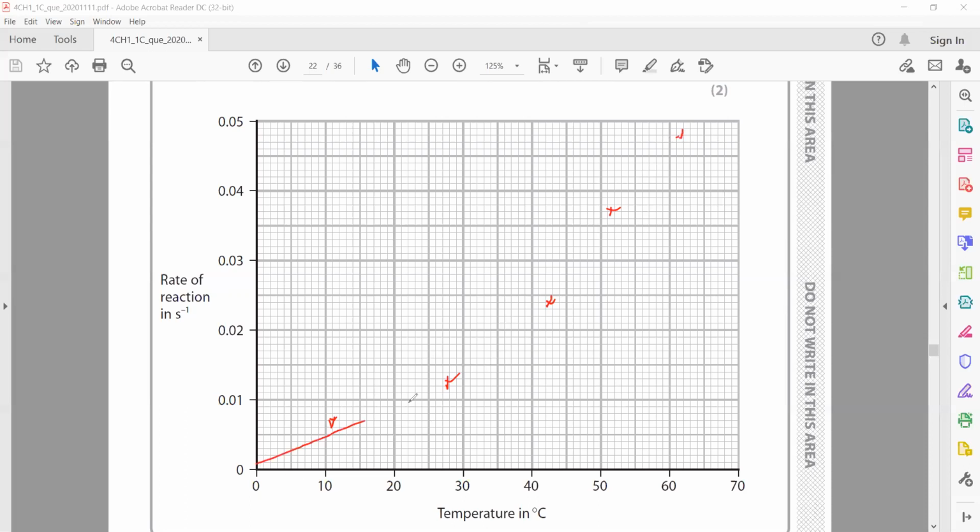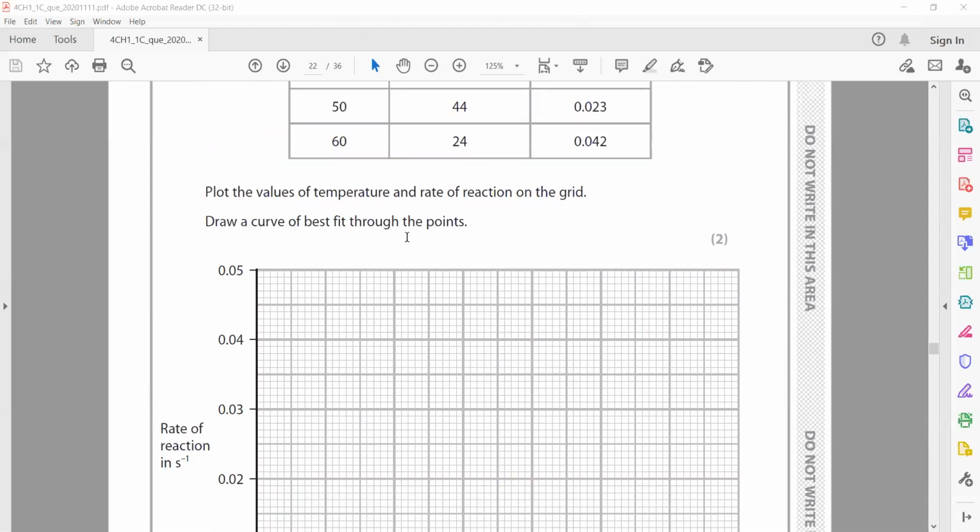So you have to try to join the maximum points on the line. That's why they are saying draw a curve of best fit line, so that you can join the maximum points.